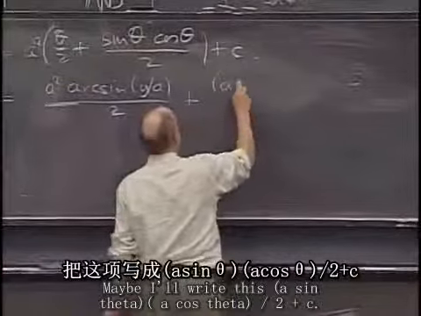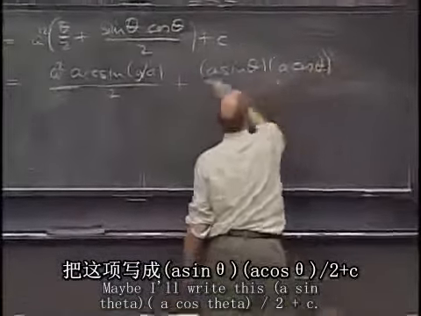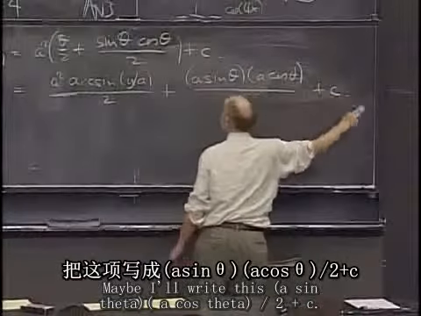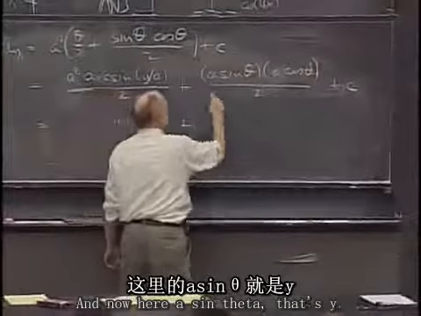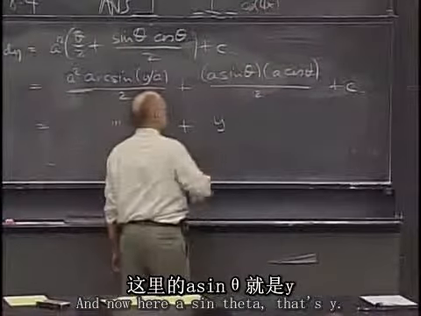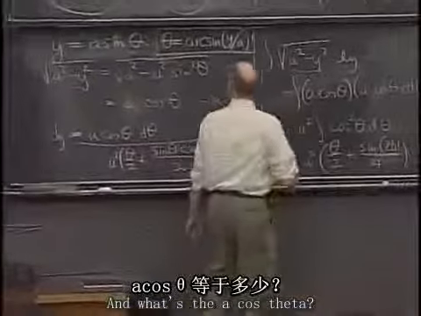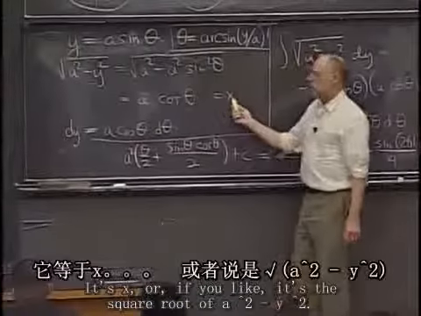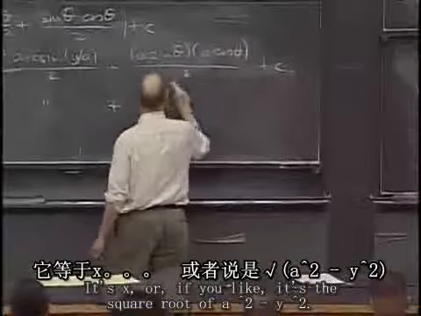Maybe I'll write this as a sine of theta times a cosine of theta over 2 plus c. And so I get the same thing. Here, a sine of theta is y. And what's a times the cosine of theta? It's x, or, if you like, it's the square root of a squared minus y squared.